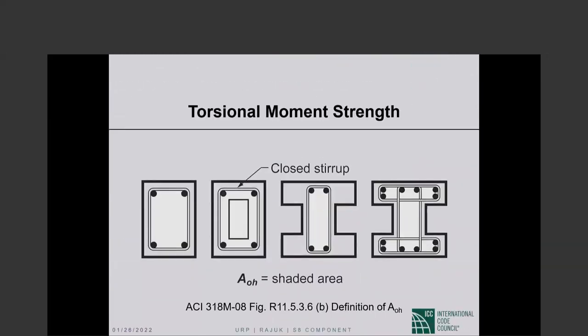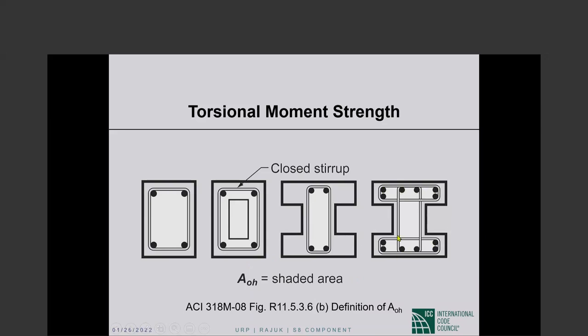This is an illustration of this A sub 0 h. Here it is straightforward: the center line of closed transverse torsional reinforcement. Here also it is pretty straightforward. This is a solid section. This is a hollow section. It does not make any difference. Here also it is pretty clear cut, I hope: the center line of the outermost closed transverse reinforcement. Here it is a more complicated situation.